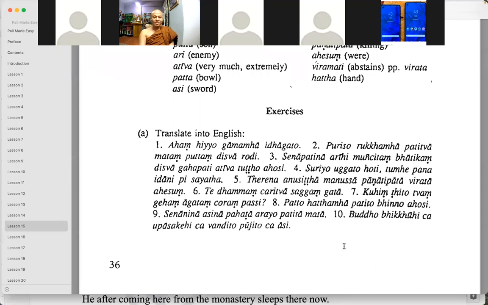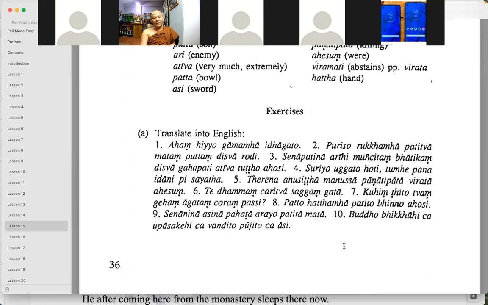Sena Batina is instrumental, so this is a passive. And then the nominative case is Gahapati. I translate it as: the householder was very glad after seeing the brother freed from the enemies by the general. Great.